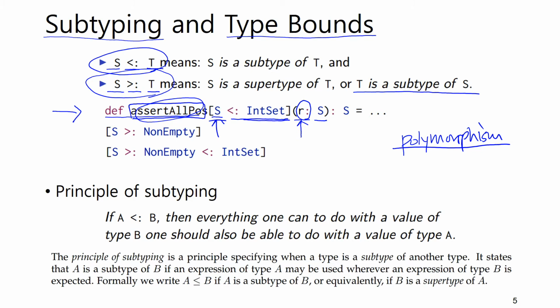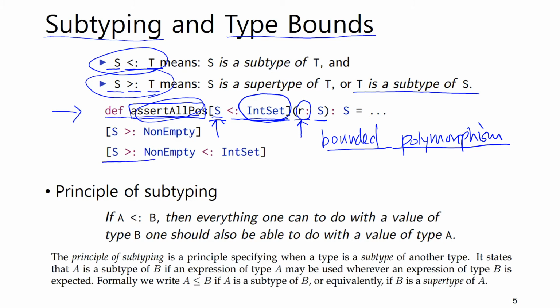So essentially, we'd like to set the bound of the argument type, and the bound is going to be IntSet. In this sense, we implement so-called bounded polymorphism, which is very useful in object-oriented programming.